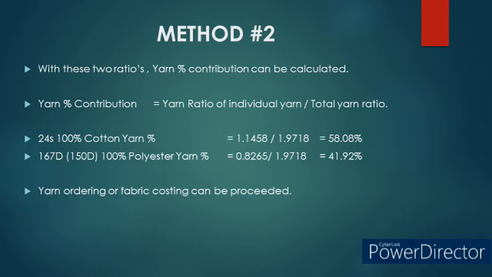In the same way, 167 denier 100% polyester yarn contribution is 0.8265 divided by 1.9718, that is 41.92 percentage. Based on these two results, the yarn ordering or fabric costing can be proceeded.